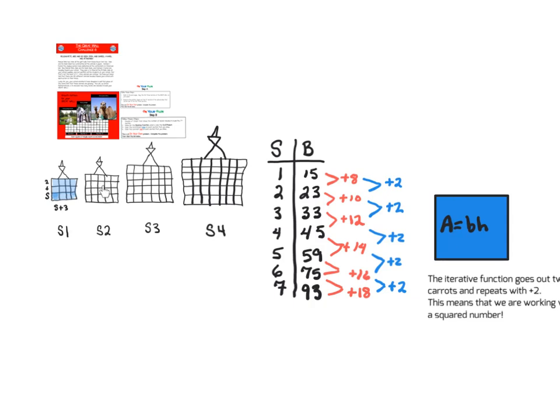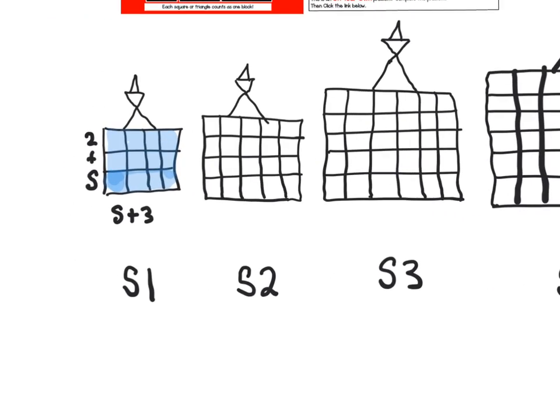Let's see if that works for this second one here, okay? So let's go ahead and do the same thing here. And I'm going to take the blue and I'm going to color in just these first 2 because this is section 2, right? And if I add, look how many I'm adding to it. I'm adding the 1, 2, 3 once again. So it's the same base, isn't it? It is, once again, S, oops, I want black, S plus 3 for my base, right?